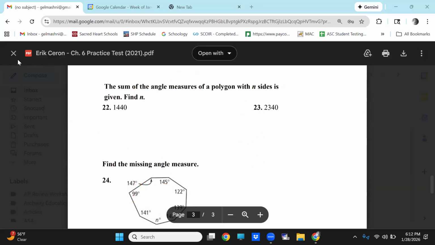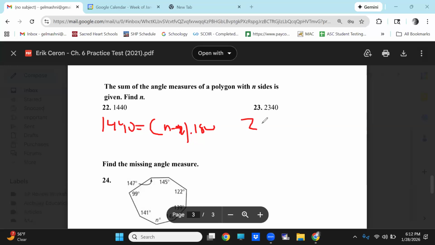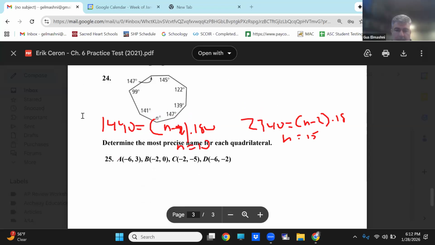So if all the angles add up to 1440, you're doing 10. Correct. Yay. But here, 15.